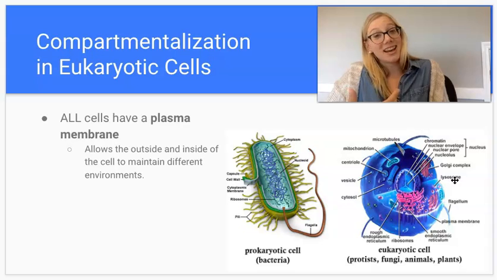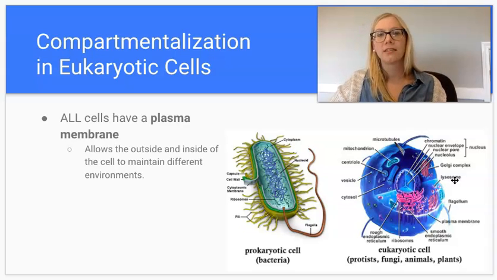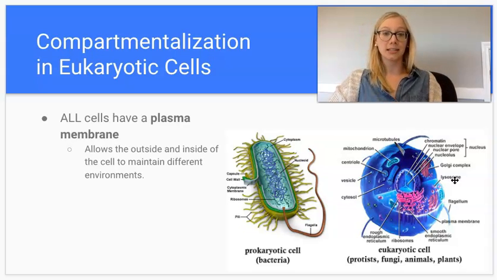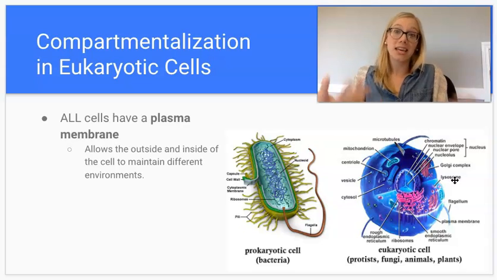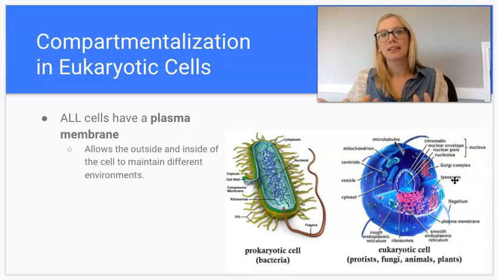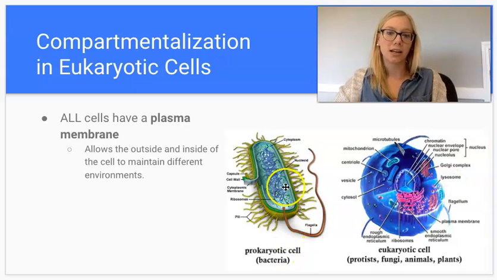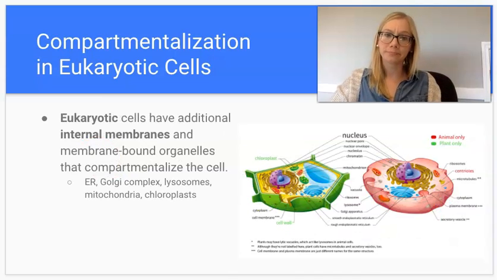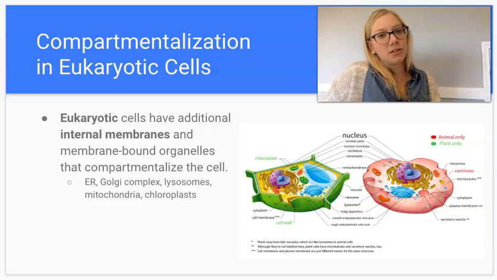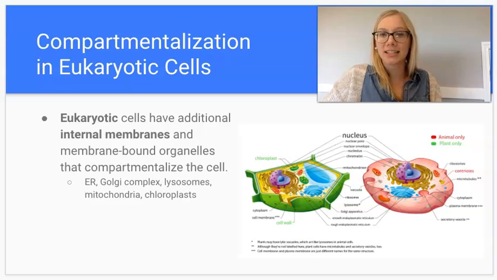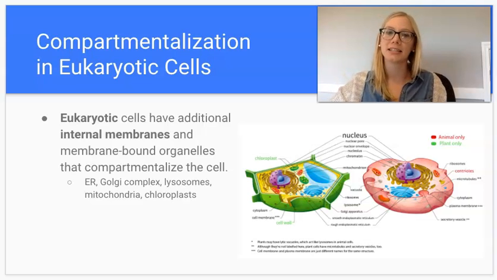It also provides a barrier that keeps the internal environment of the cell separate from the external environment, meaning that they can be different. They don't have to be exactly the same, and the cell can undergo specific tasks. Eukaryotic cells, though, also have additional internal membranes to make the process of moving things in and out and getting things done in the cell more efficient.